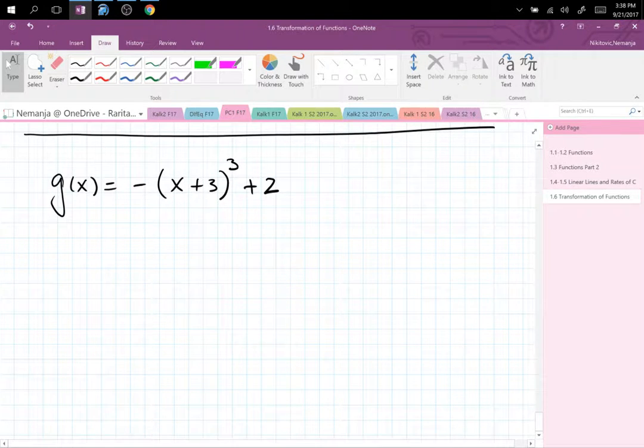How many transformations? 3. Very good. What is the main function? X cubed. Have you memorized what x cubed looks like? You did. You better, right? Because that is the learning in this class.